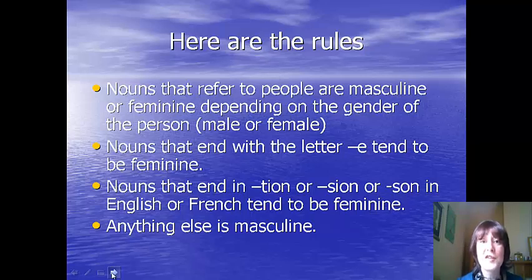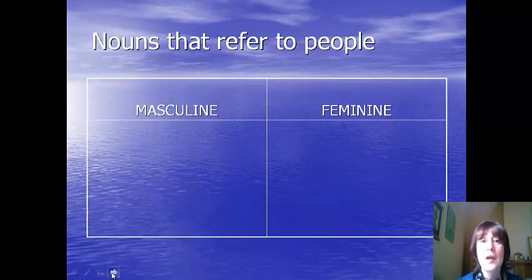So that's fairly straightforward. Now we're going to take each point one by one and look at it in a deeper way. I'm a great believer in interactive learning, so I really wanted to include some interactive learning in this video. So let's get some practice. For that, you may want to have a table like the one you can see on the screen, with two columns, masculine or feminine.